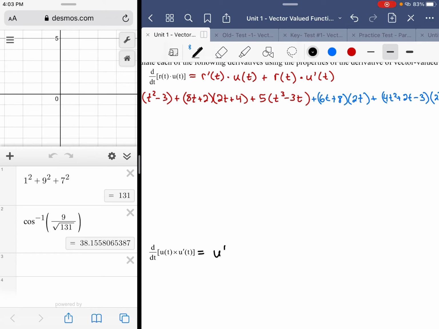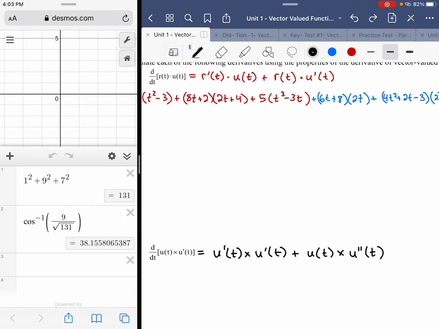So it would be the derivative of the first crossed against the second, as is, plus the first function, u of t, crossed against the derivative of the second, so u double prime.